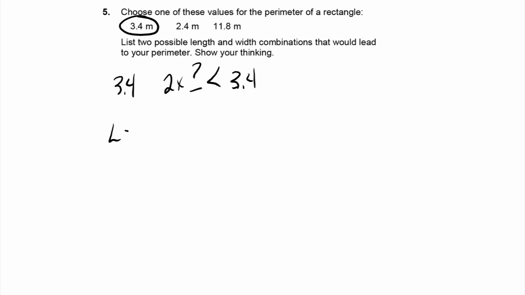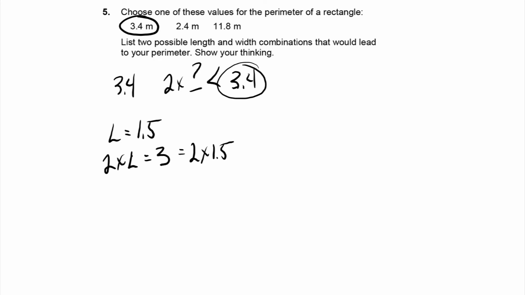So if I say my length is going to be 1.5, then 2 times my length will be equal to 3, because of course that's equal to 2 times 1.5. So if I've used up 3 of the total length of 3.4 in my perimeter, then 3.4 minus my 3 leaves me 0.4, and that's what I need to then use for my 2 widths.